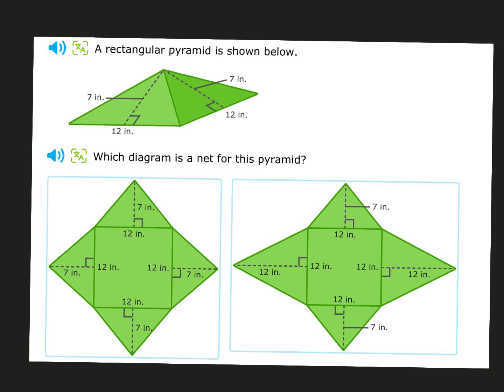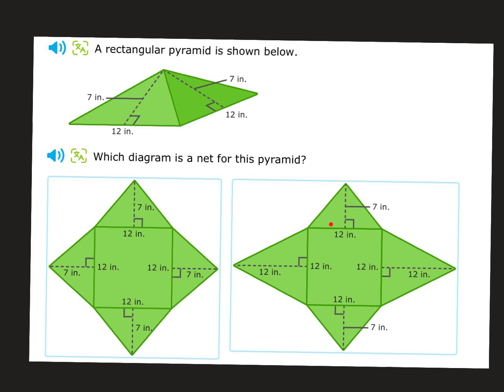And when we unfold the pyramid into our net, we call these lateral heights. So these are slanted in a 3D, and then when it's put in a 2D, it's just lateral height. So these ones have a base of 12, height of 7, all the way around. So this looks pretty good.